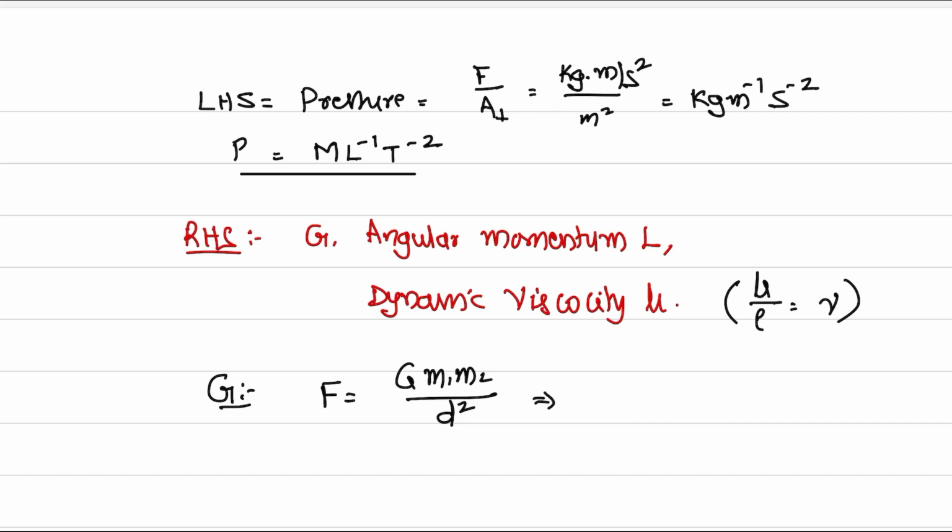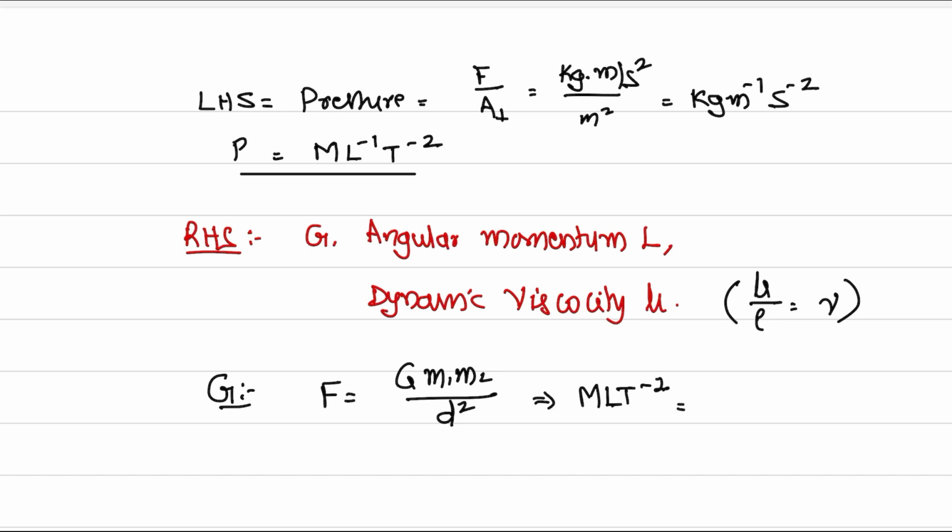Dimensionally, this formula may vary depending upon the constants. Force is M L T to the power of minus 2, because force is mass into acceleration, mass is M, acceleration is meters per second square, that is L into T to the power of minus 2.